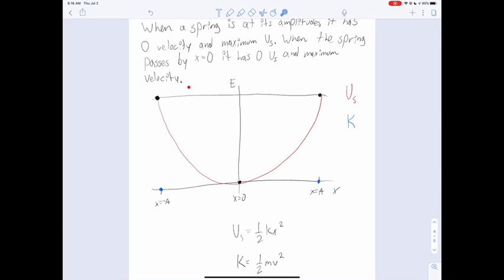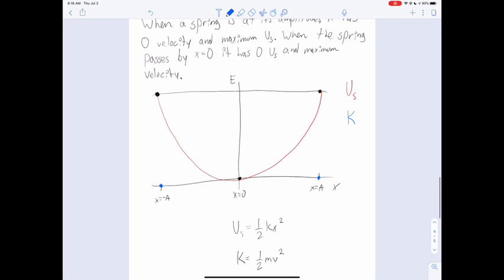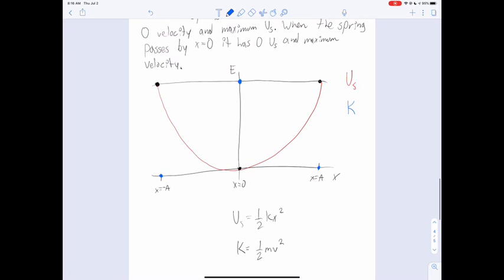And then when x is equal to 0, we actually have a maximum velocity. So that means that at that point there is no elastic potential, as we just saw. So all the total mechanical energy is purely kinetic energy at that point.